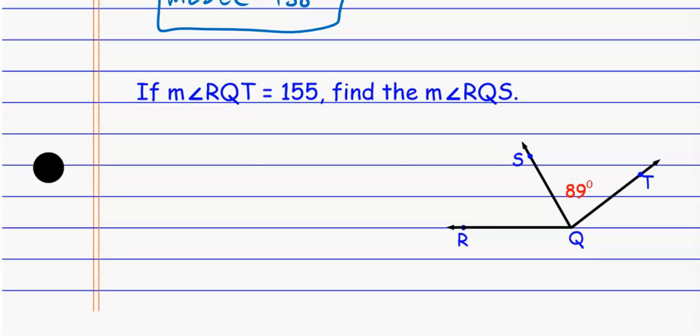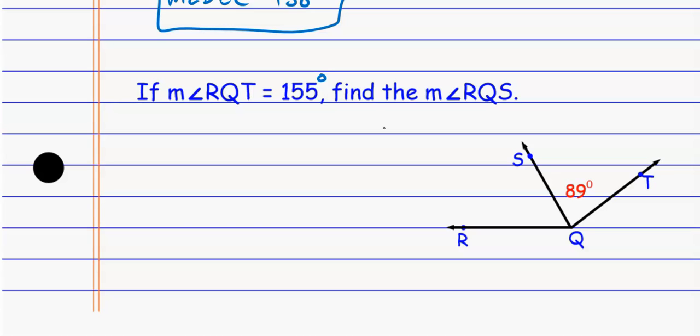This one, if the measure of angle RQT is 155 degrees, I'm missing my little degree symbol there. I want to find the measure of angle RQS. Once again, I'm in that same boat where I have the whole thing as 155, and then I have one of the pieces as 89. So if I want to find the missing piece, I have to subtract.